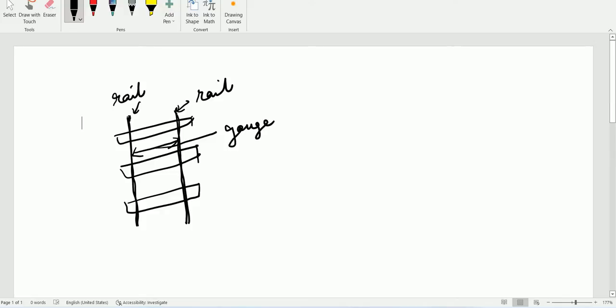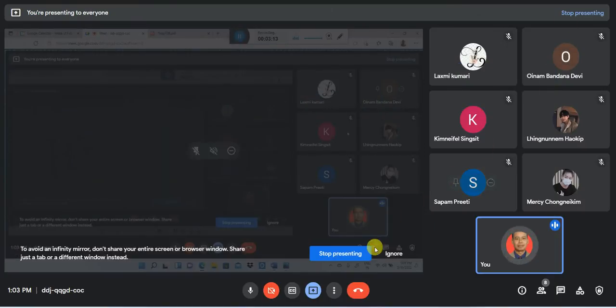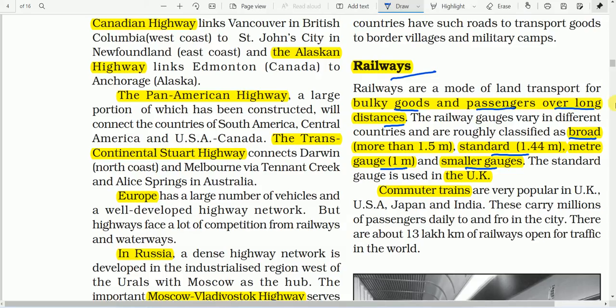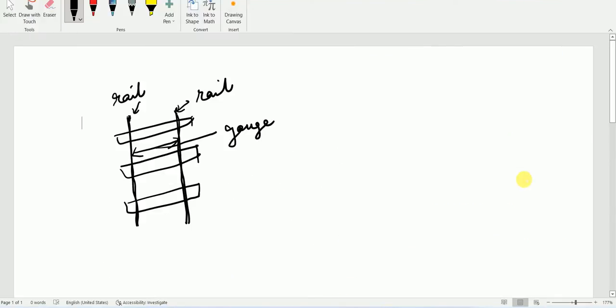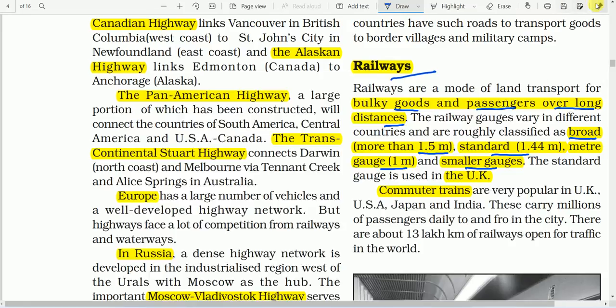The distance between two rails is known as gauge, and here we have these four types of railway gauges in the world. The first one is the broad gauge. It is 1.5 meter wide. That is known as broad gauge.